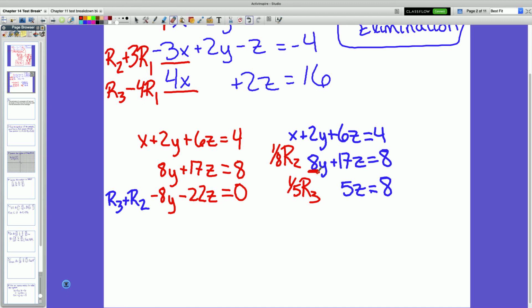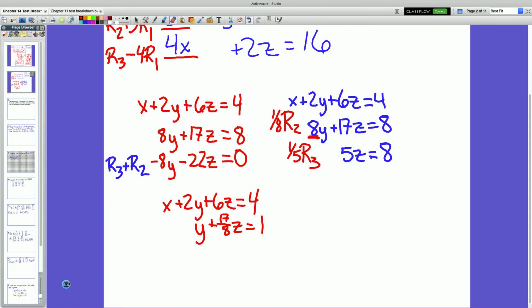So I would have x plus 2y plus 6z equals 4. And then I would have y plus 17/8 z equals 1. And then on the bottom, I would have z equals 8/5.